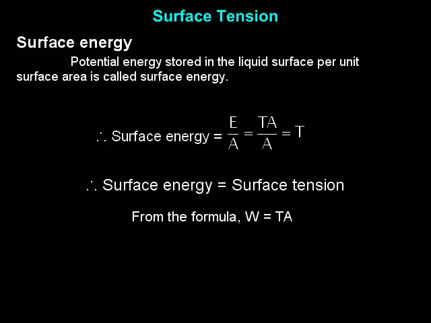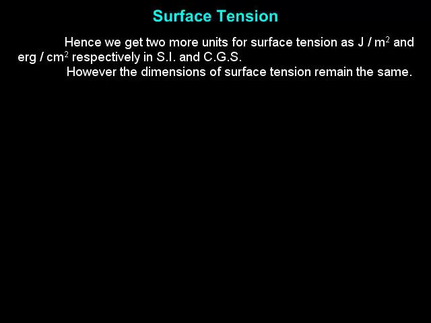From the formula W is equal to TA, we get one more formula for T as W upon A. Hence we get two more units for surface tension as joule per square meter and erg per square centimeter respectively in SI and CGS. However, the dimensions of surface tension remain the same.